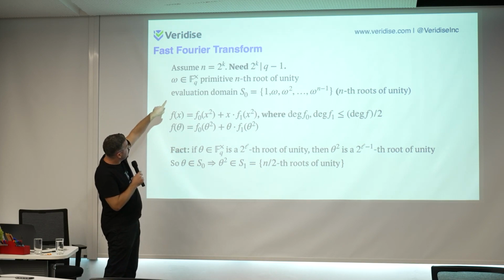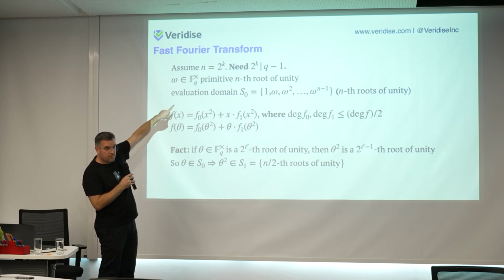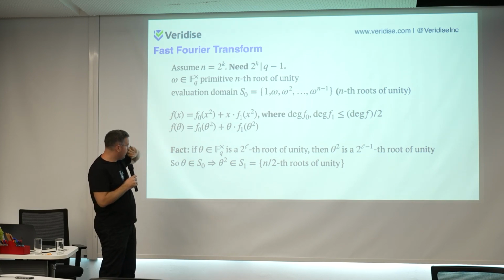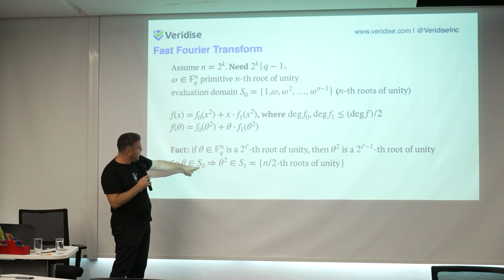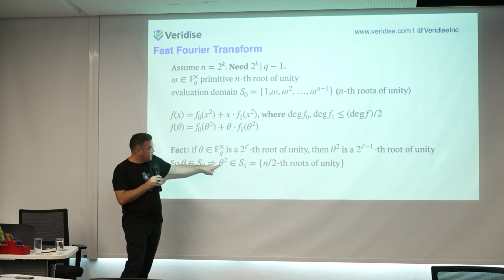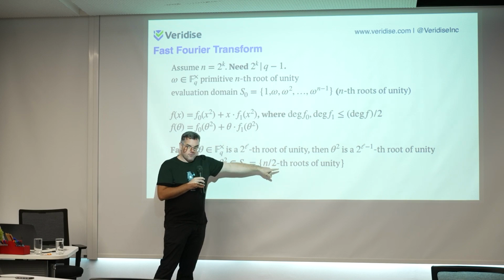The roots of unity were of a very particular form. They were 2 to the kth roots of unity. And there's this very nice fact that if you take a 2 to the kth root of unity, or let's say an nth root of unity where n is 2 to the k, if you square it, you get an n over 2 root of unity.